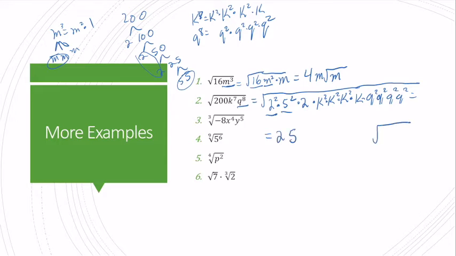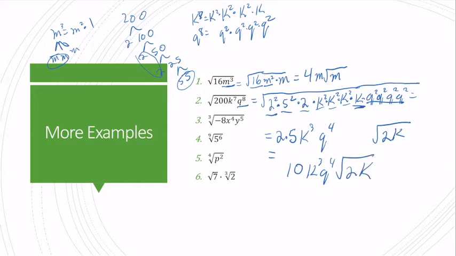I've still got a 2 in my radical. And then I've got a k, so that's k cubed. But I have a k under the radical. And then I have 4 q's. So my answer is 10 k cubed q to the 4th square root of 2k. That's my final answer.